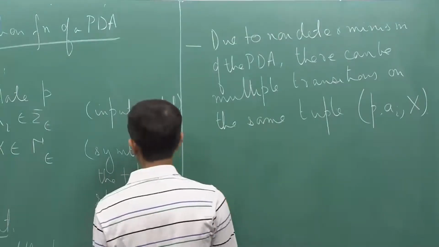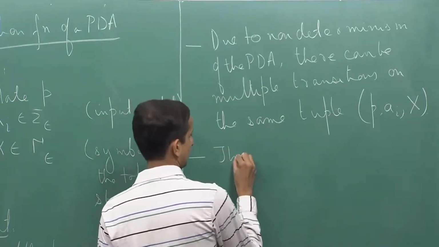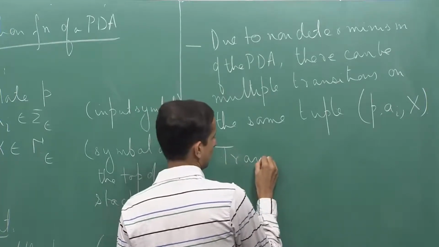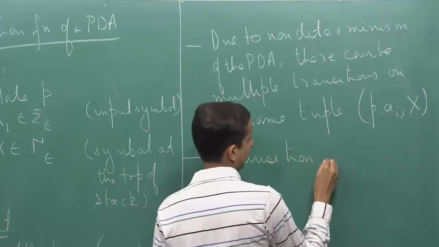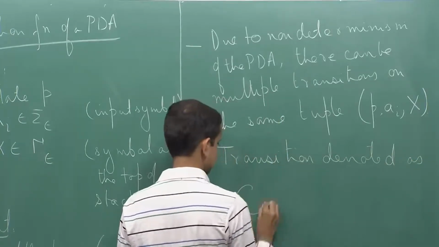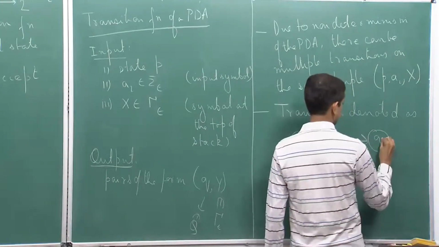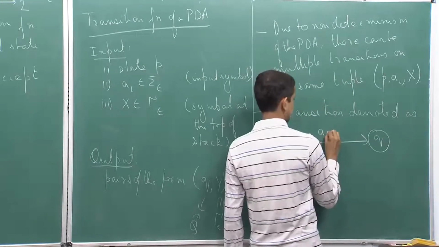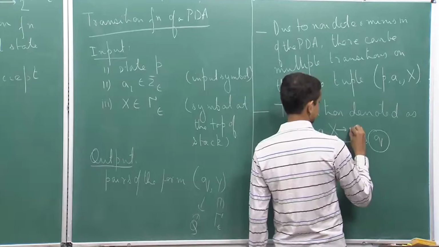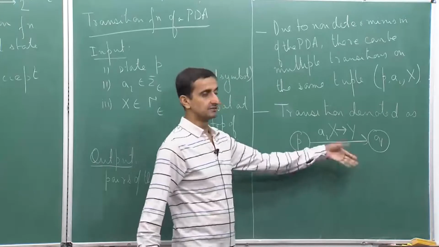This transition is denoted as: from state P you are going to some state Q on reading the bit ai, and the stack symbol X gets replaced with Y. So, this is how a transition is denoted.